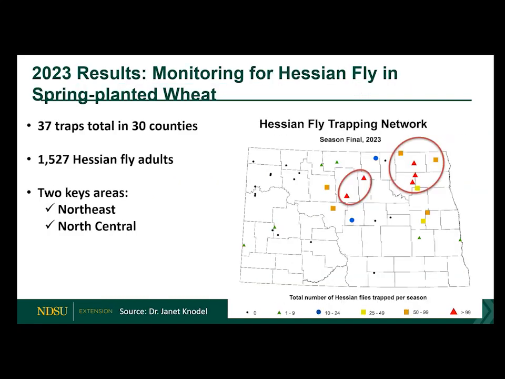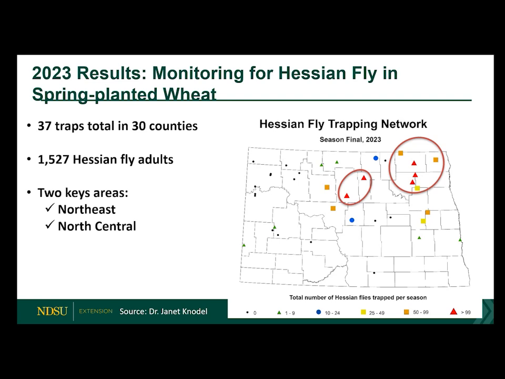Okay, so 23, I believe, is the first year that we started doing this. Again, this comes from our IPM traps with our IPM scouts, and also published in the crop and pest report. We had a number of traps, and it was in 30 counties. So we see Ramsey, Northeast, we're getting into our orange and red triangles up here.